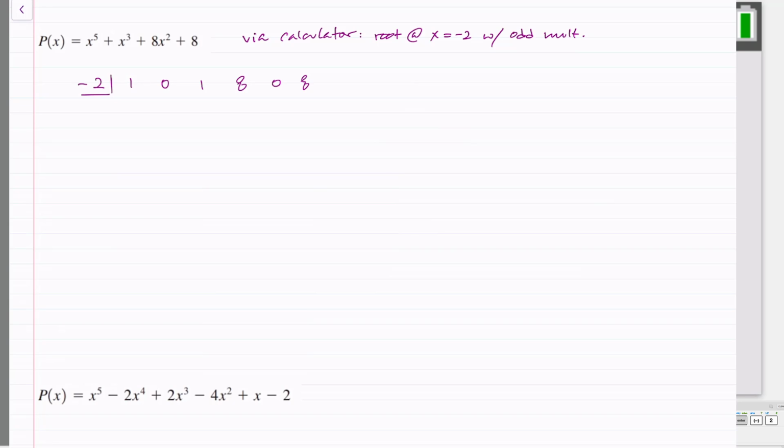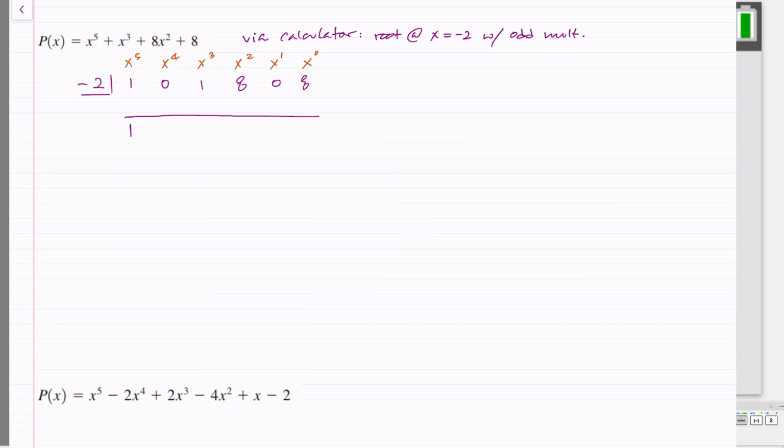And so again, these columns, at least at this stage of the array, represent x to the 5th, x to the 4th, x cubed, x squared, x to the 1st, and x to the 0, right? And so hopefully that root at -2 has a multiplicity of 3. That would be great. It makes it easy for us. Let's see what we end up with here.